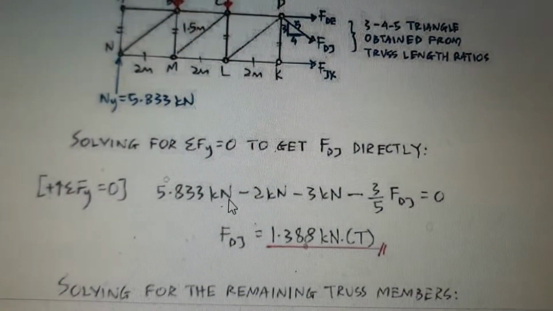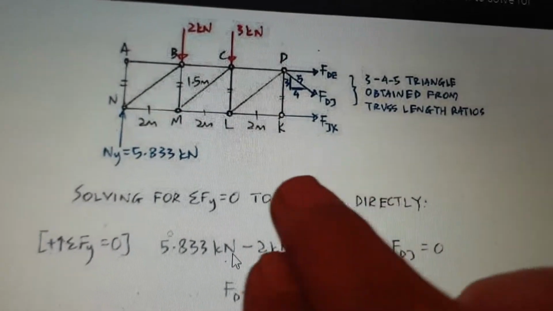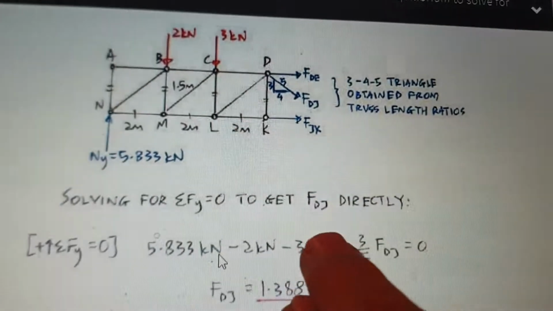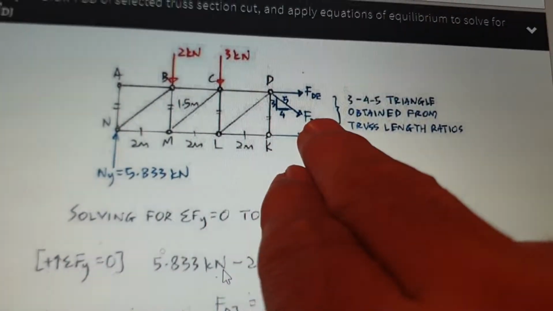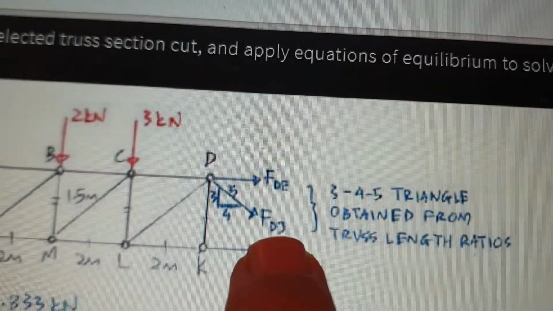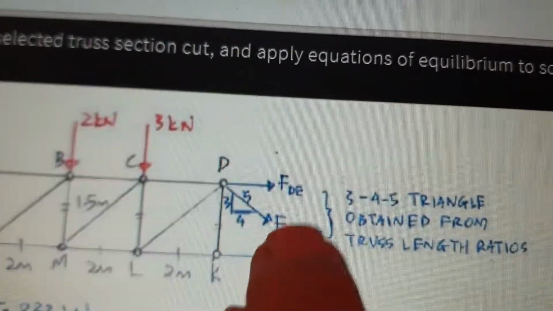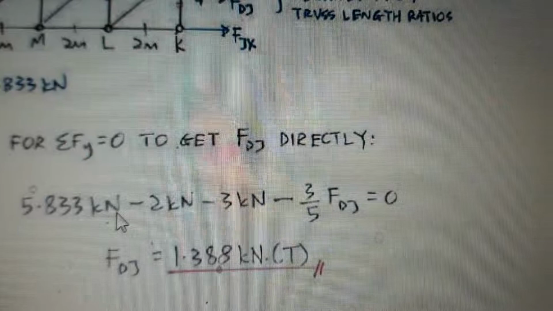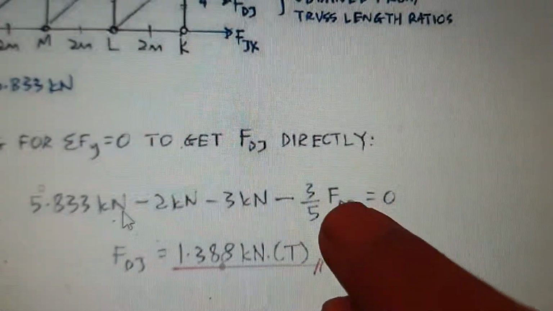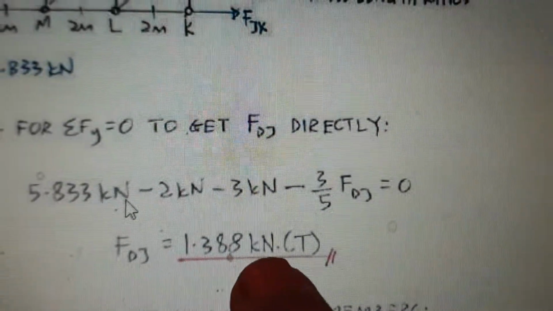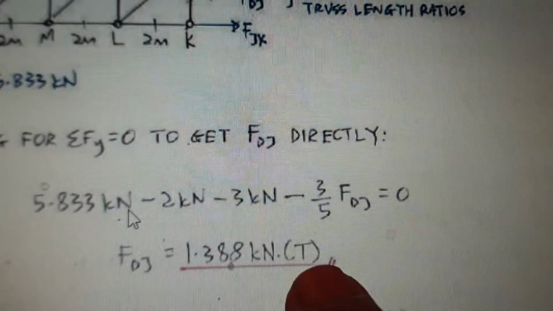So summation of forces at Y equal to 0: 5.833 positive, minus 2, minus 3, and then FDG in the Y is either FDG 4 over 5 or minus FDG 3 over 5. So minus FDG 3 over 5, equal to 0. So you could find FDG is 1.388 kilonewton, and it is plus, so it's tension.